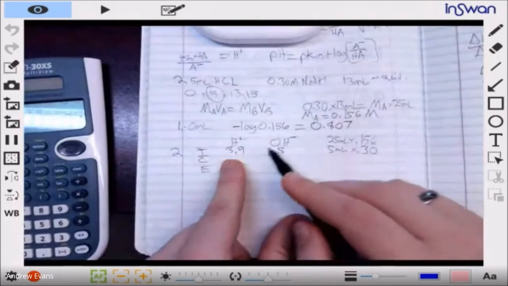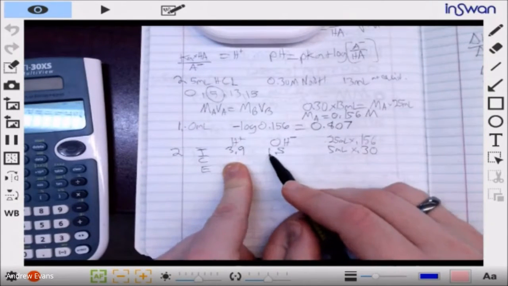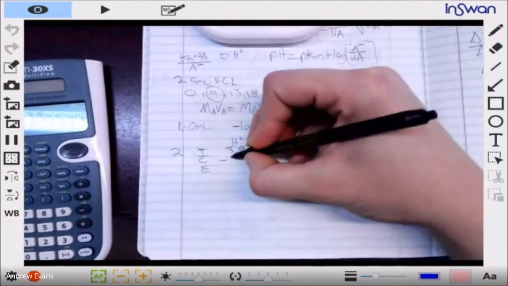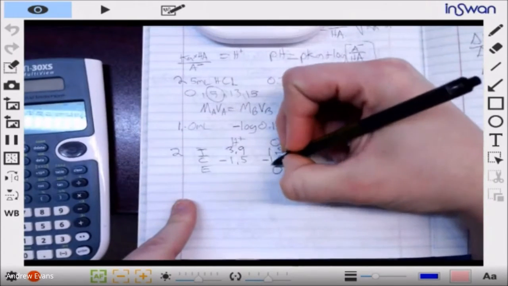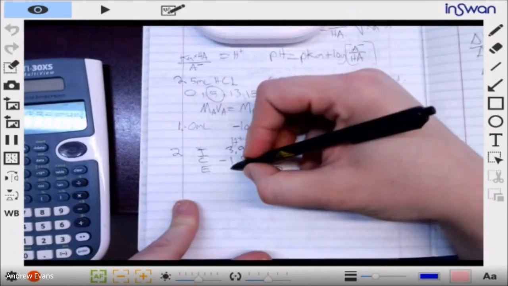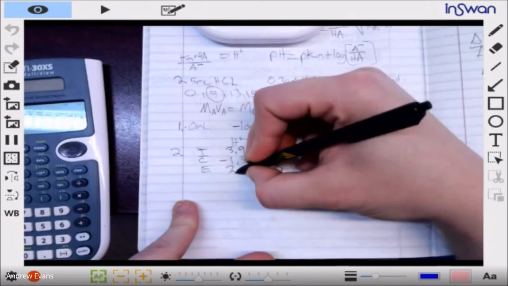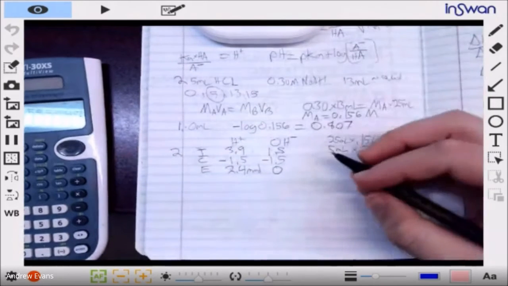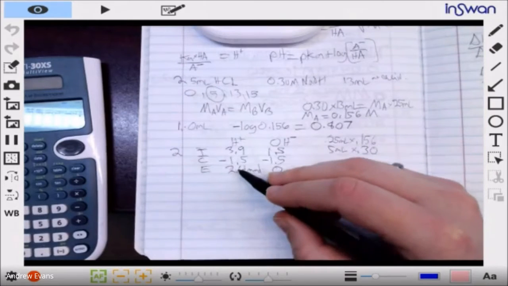So we have 3.9 millimoles of acid and 1.5 millimoles of base. We're going to subtract away 1.5 millimoles of each one till we have 0 millimoles of base and thus 2.4 millimoles of acid. So there's our moles of acid remaining.